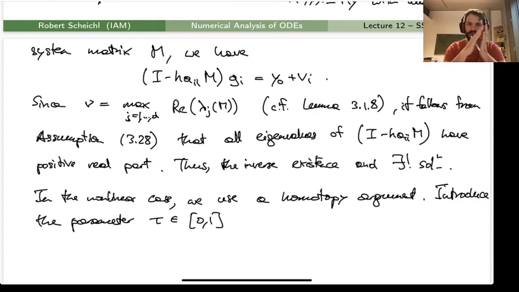If you can show that the homotopy function that moves it is smooth or has bounded derivative, then you can show that the other endpoint also has a unique solution.